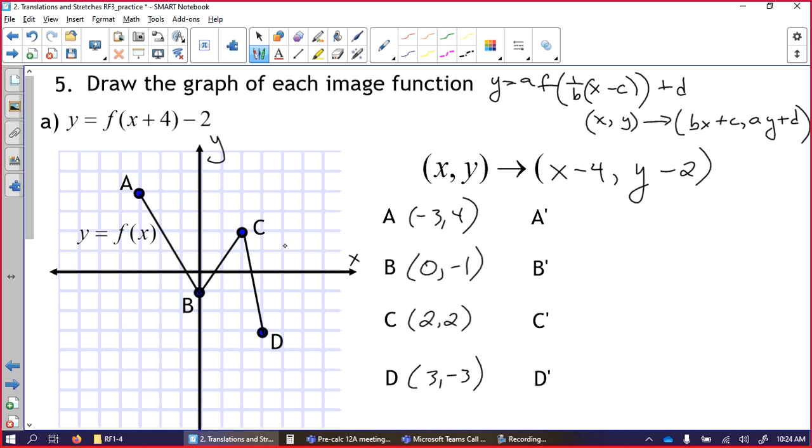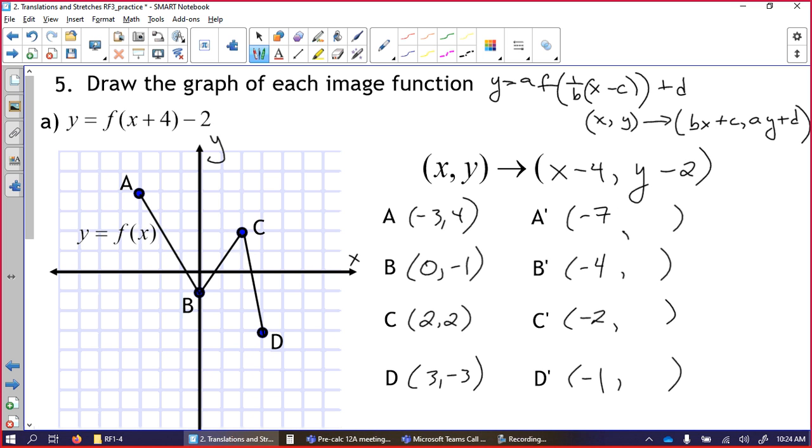So all of the x coordinates, we're going to subtract 4 from. I'm just going to do the coordinates. You can do both coordinates for each one. Negative 3 subtract 4 is negative 7. 0 subtract 4 is negative 4. 2 subtract 4 is negative 2. 3 subtract 4 is negative 1.